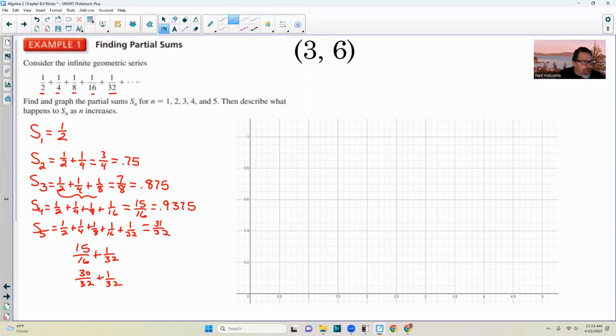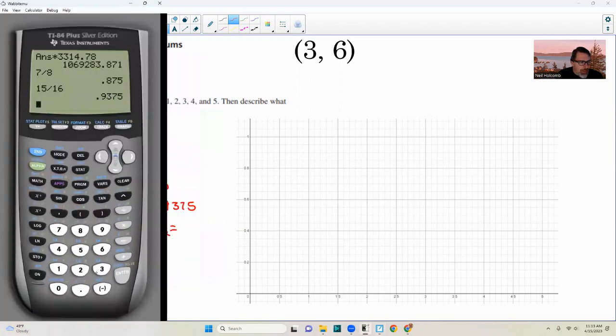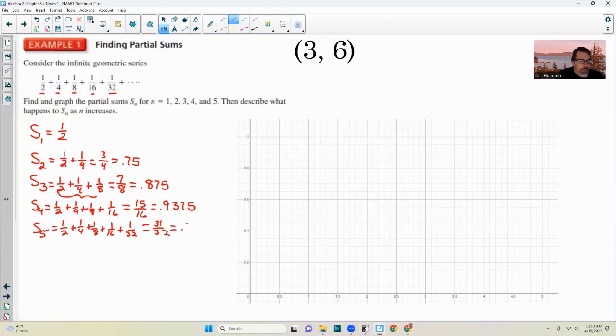So the next one would be 63/64, the next one would be 127/128, and so on and so on. Once you see patterns in these, you can continue them. So what is 31/32 as a decimal? 31 divided by 32 is 0.96875.